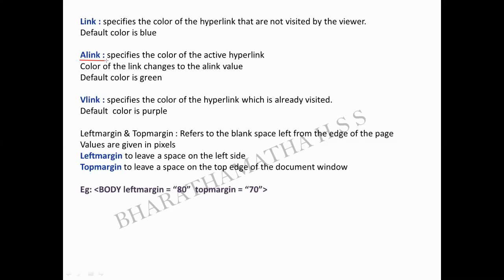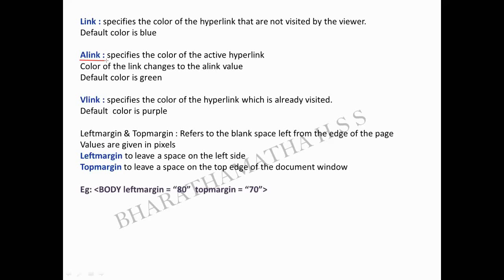That particular link at that time will be known as your active hyperlink. By default, the color given is green, but nowadays they are not preferring this A link. You cannot see that much now.